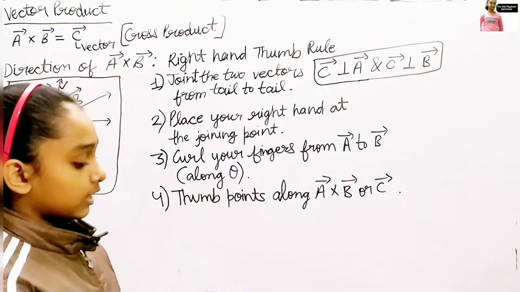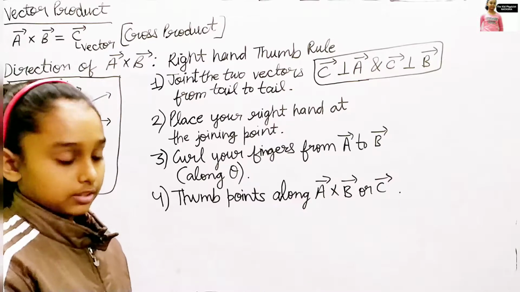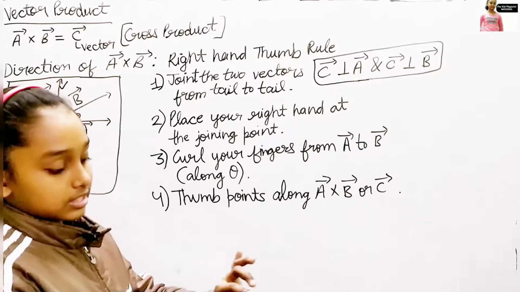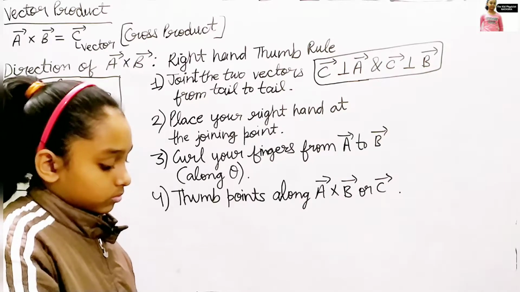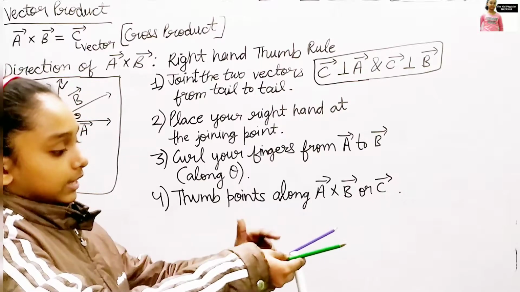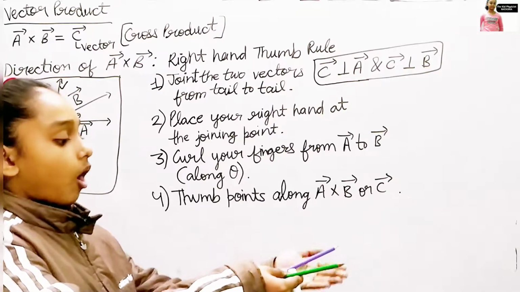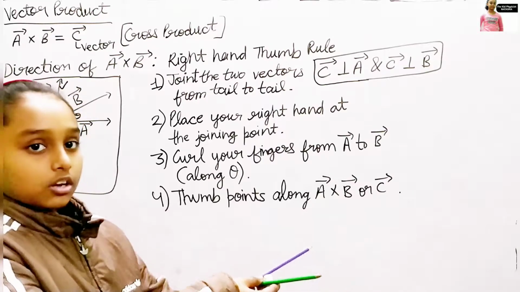See, it was vector A, green one, vector A, purple one, vector B. Yeah, so I have told you that vector C is upward and it can also be downward. You can see, C is again perpendicular to B and A. Got it?